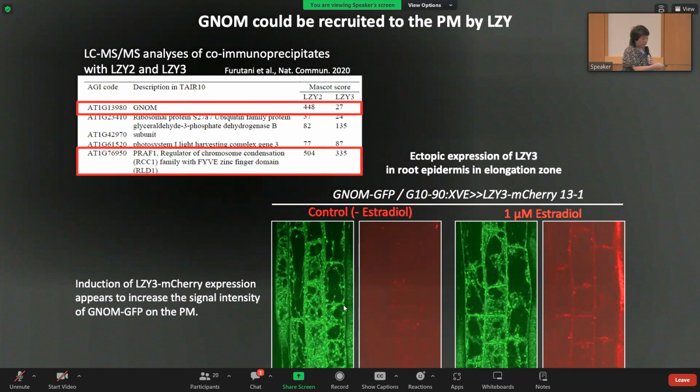And when LAZY3-mCherry was ectopically expressed in root epidermis, and LAZY3 was found on the plasma membrane, the GNOM-GFP signal became obvious on the plasma membrane.